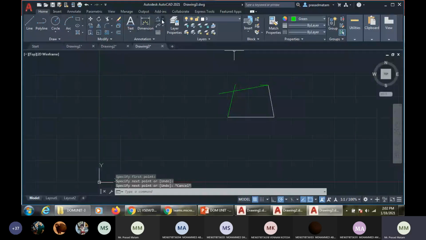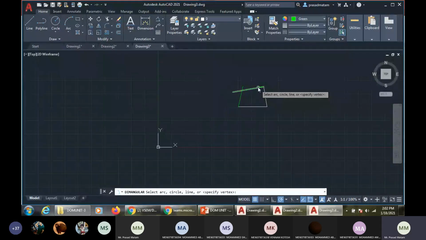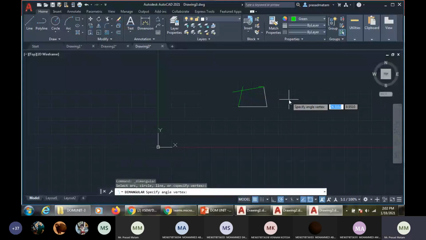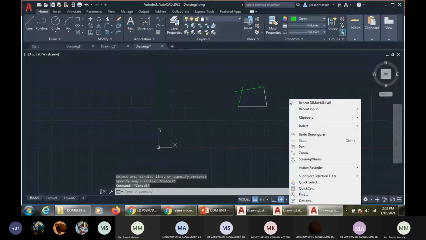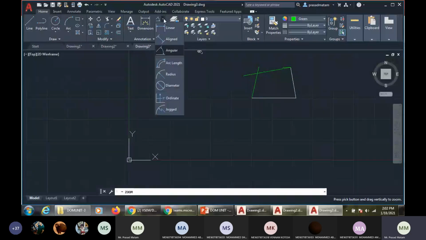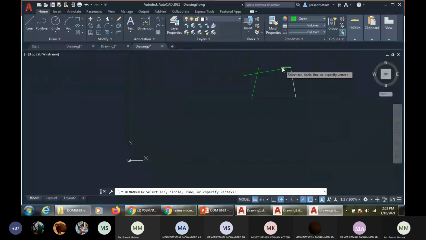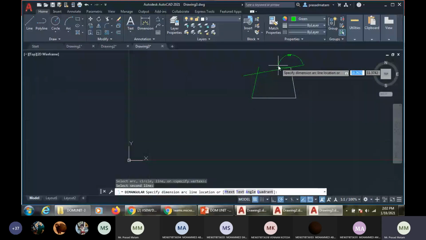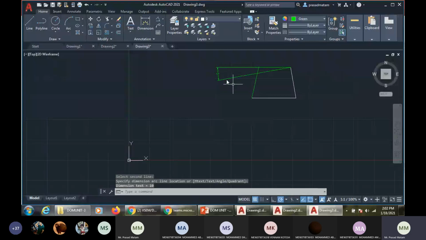I will show this angle. Okay, 10 degrees. Now the total angle is 190 degrees like this.